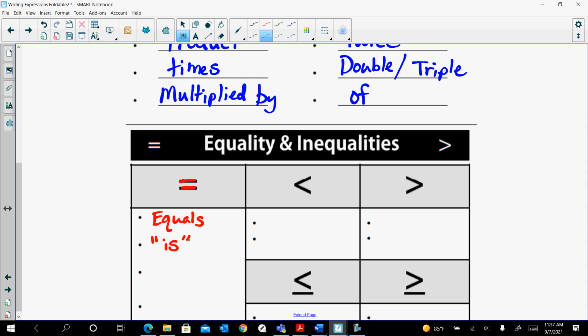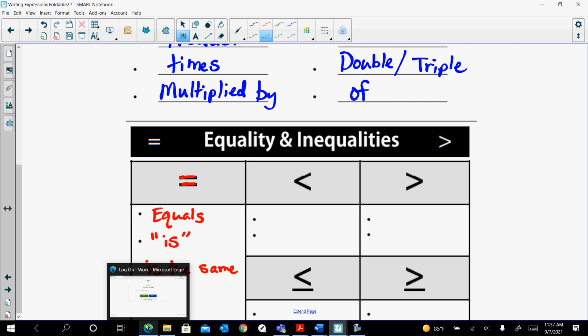When I see the word is, that's going to replace the symbol equals. Or maybe it's the phrase is the same as. So add that phrase, is the same as. Oh, let me extend my page, sorry.